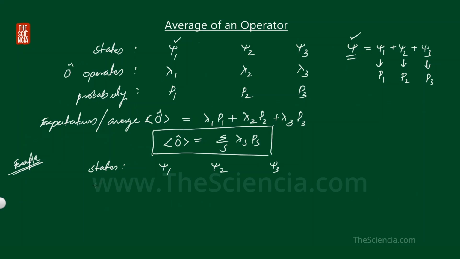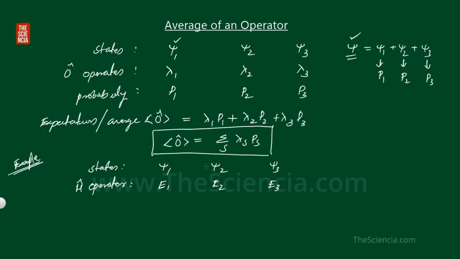And now we are going to operate the energy operator, that is the Hamiltonian operator. So what will we get? When the Hamiltonian operator, the energy operator, operates on a state, it will give the energy of that state. So from state psi 1 we get energy E1, from psi 2 we get energy E2, and E3.